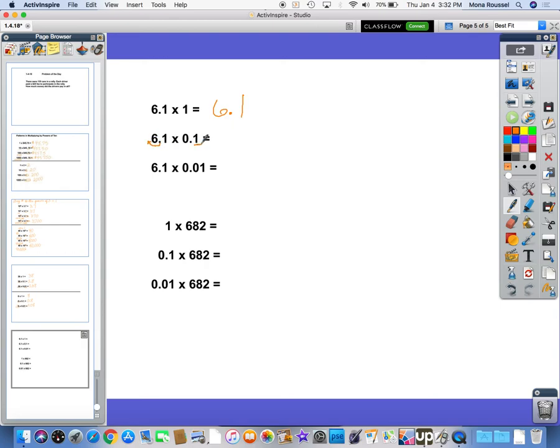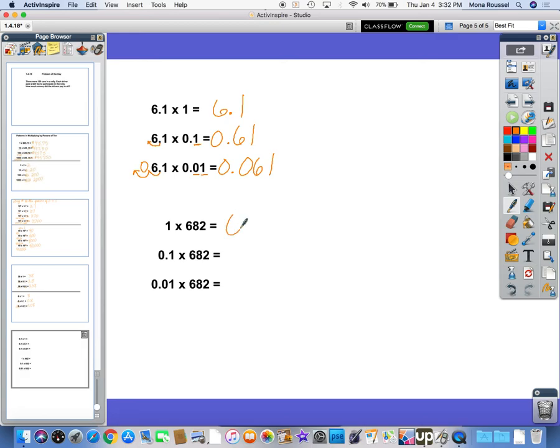Remember, 1 decimal place here, move the decimal 1 time to the left. The decimal's in front of the 6. Our product is 60/100ths. When we're multiplying times 100th, we have the 2 decimal places, so we're going to move the decimal 2 times to the left, adding a 0 in the empty place. So we now have 61/1000ths.